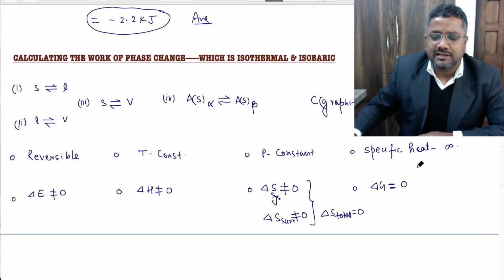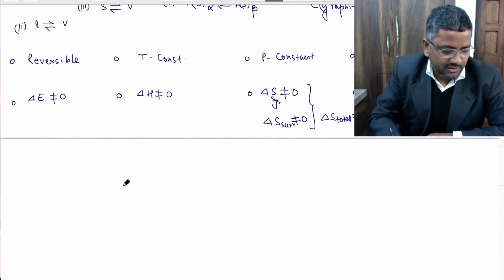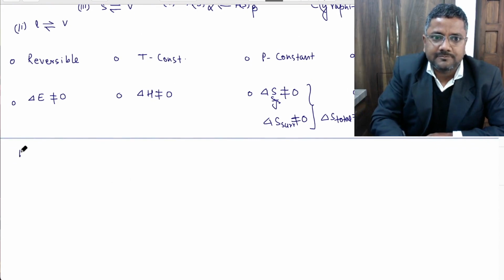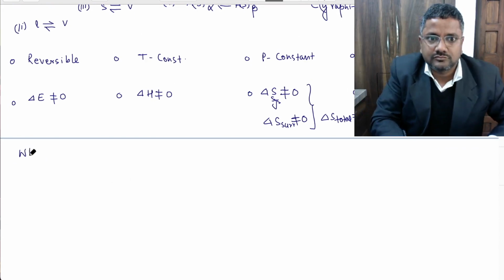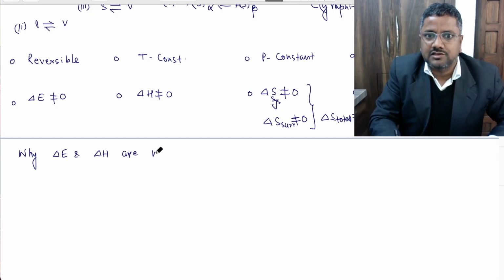So why are delta H and delta E non-zero for phase changes?